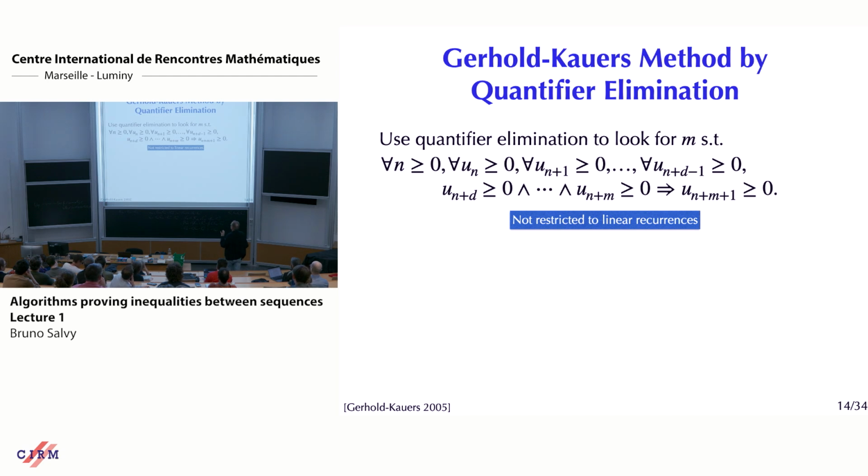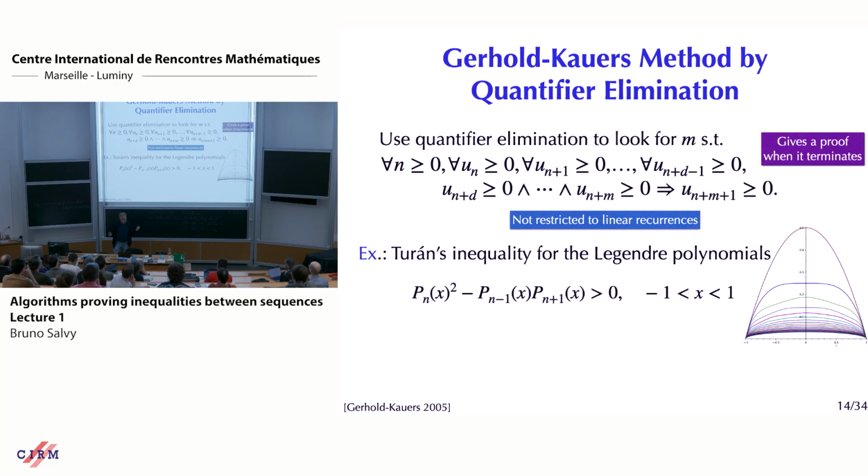Okay, I see with your eyes that it's not clear at all, so I'll give you an example. The thing is, it's not completely an algorithm, but it proves positivity when it terminates. Because you look for an M such that, but M might not exist. So let me show you an example that was really beautiful in their paper, because it's not so easy. You take the Legendre polynomial.